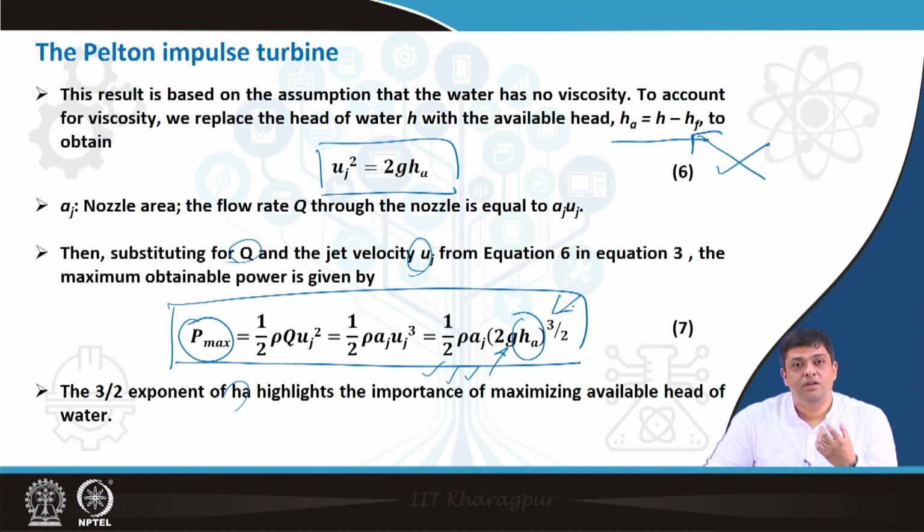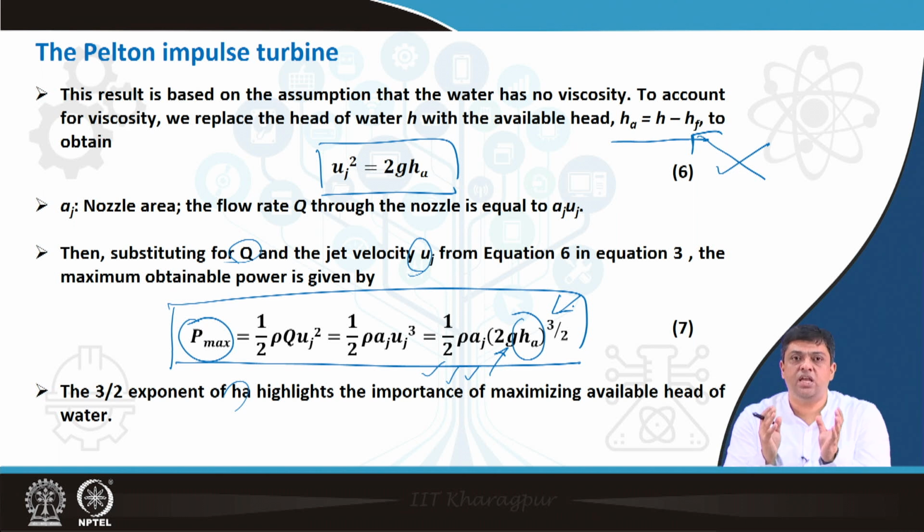So, you must ensure that the losses coming in because of the frictional forces that may appear between the inner wall of the penstock and the flowing fluid in dams are reduced.